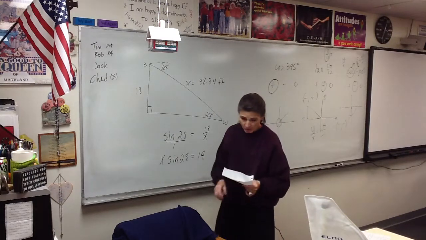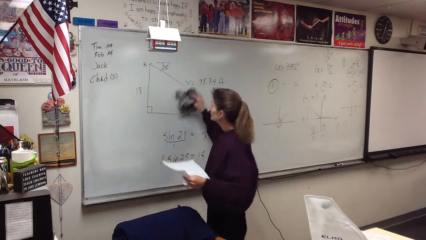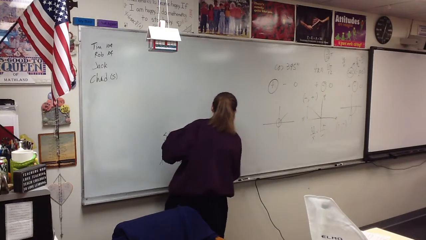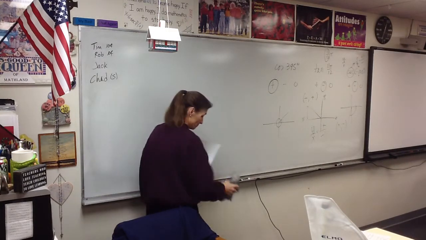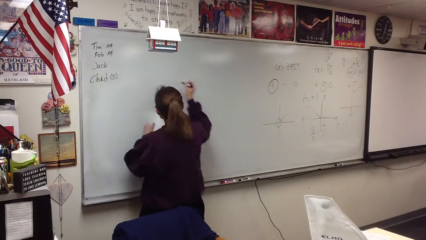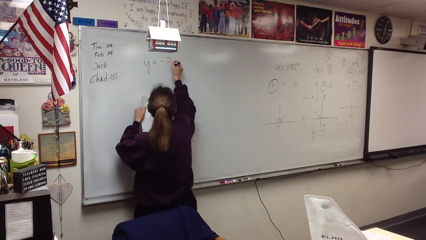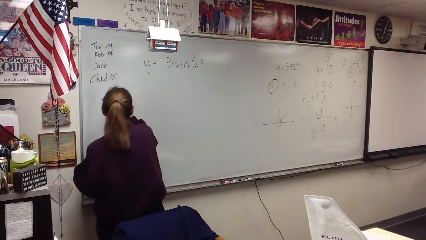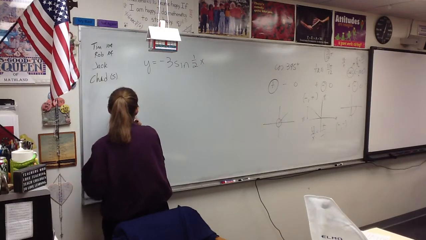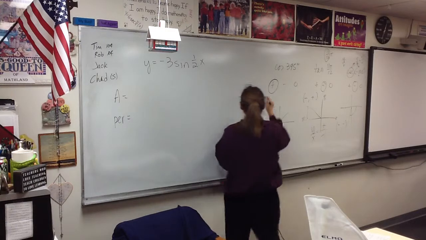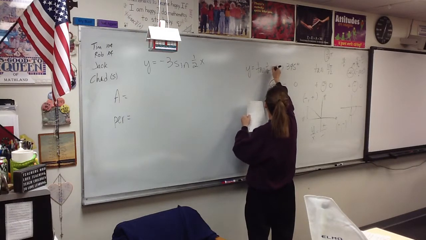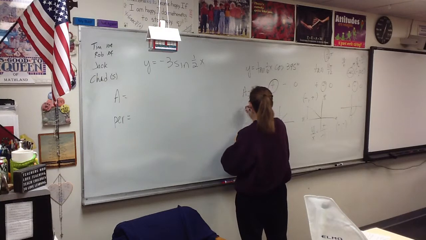Okay, almost done. Doing great. Now we're going to do our sketching. So here we go. We're going to sketch this one and list its amplitude and period. And we're going to sketch this one and list its amplitude and period.